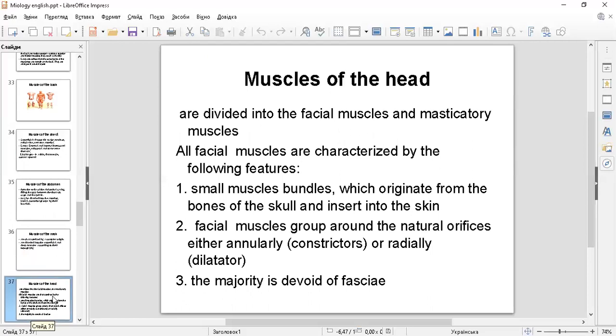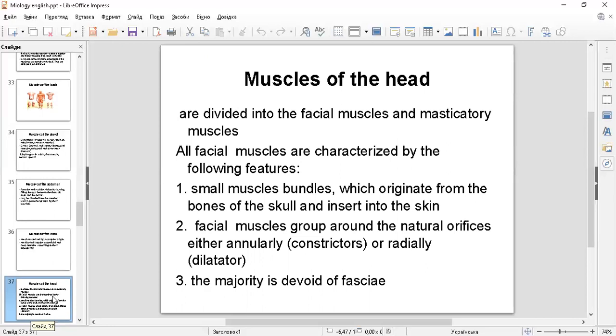Muscles of the head are divided into the facial muscles and masticatory muscles.